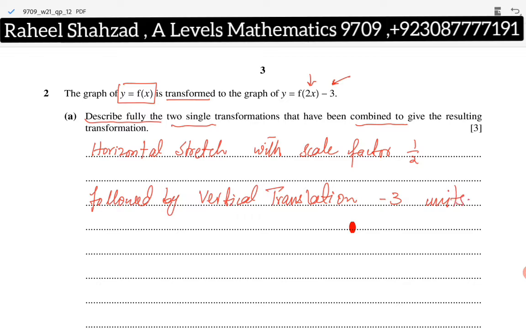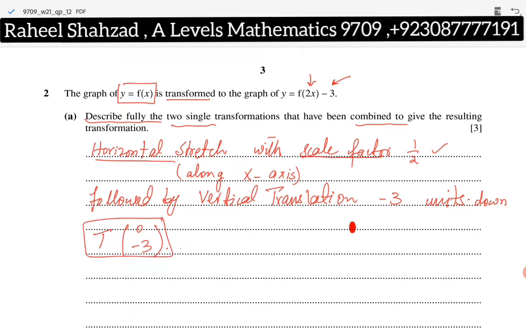Or we would say that its translation vector would be 0 and minus 3, right? In this case it's a horizontal stretch, or you could say stretch along x-axis with scale factor 1 by 2 and followed by a vertical translation with minus 3 units down. So this is the translation vector.